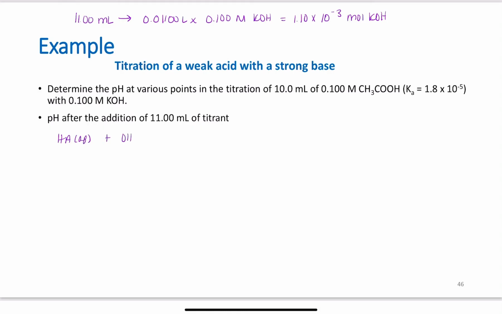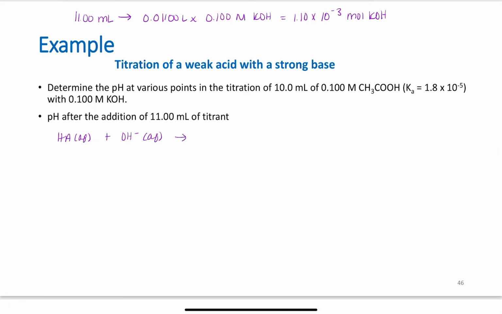Our weak acid reacts with our strong base. Again, it doesn't matter if they're weak and strong. It matters it's acid and base reaction, and they're not conjugates of one another. But just to reiterate which ones you're looking at here.